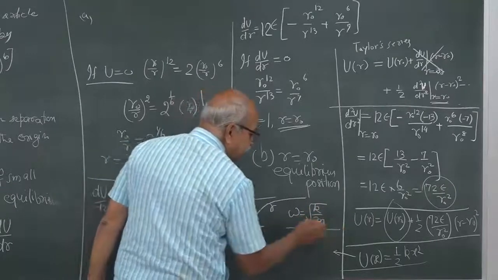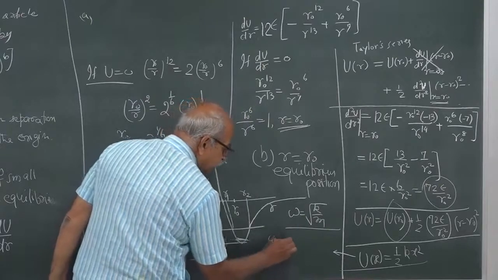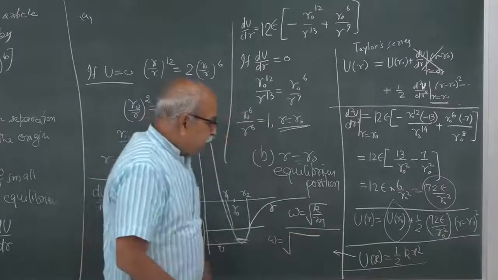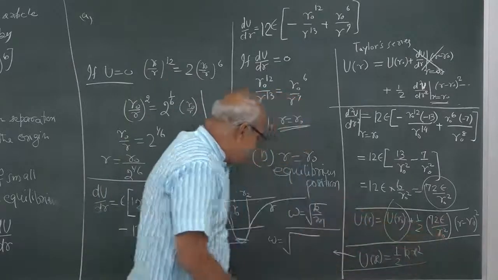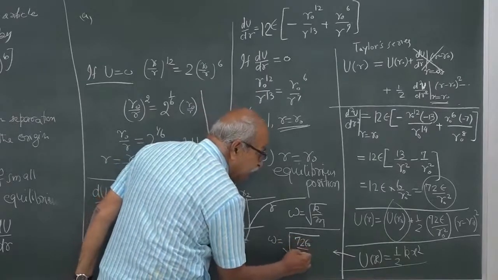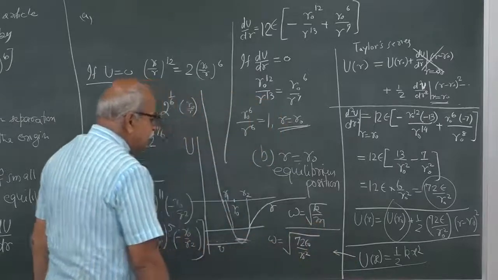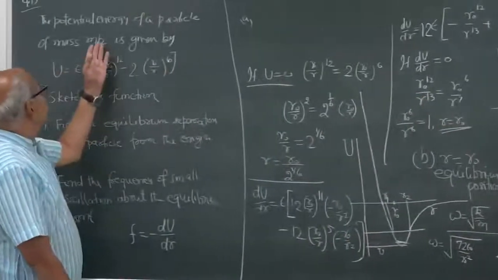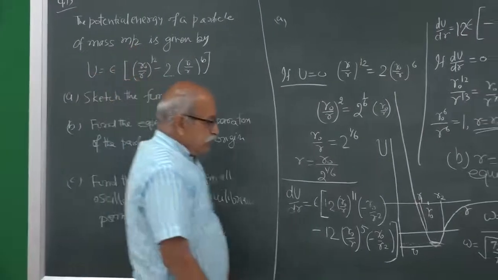So, the same equation here, in our case omega is equal to square root of k. In place of k I have 72 epsilon naught by r naught square, divided by m, and the mass of the particle here is m by 2. So, we divide by m by 2.